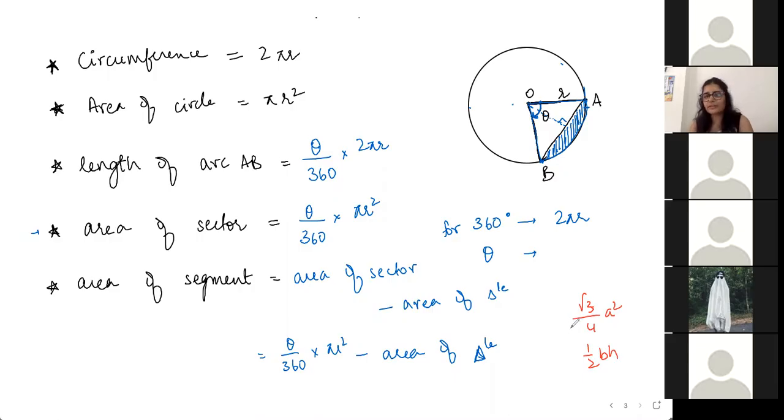Yeah, what formula will you use from sides? If you're given all three, like the radius, you'll know it because for the sector area you need a radius. And if you're given the length of the chord, that means you know three sides of the triangle. So using the sides of a triangle, how will you find the area? You guys had learned it in 9th standard. Do you remember?